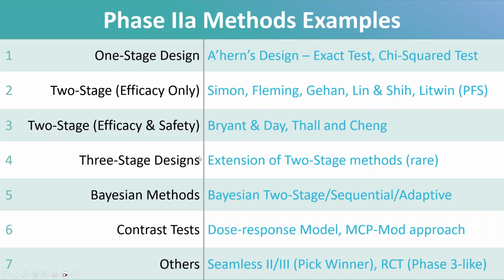There are also extensions of these two-stage methods to facilitate three-stage designs, but these are rarer, as it will add a lot of operational complexity for not a lot of additional gain in terms of the operating characteristics compared to the corresponding two-stage design in the majority of cases.